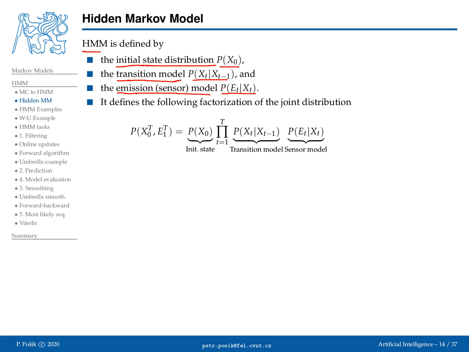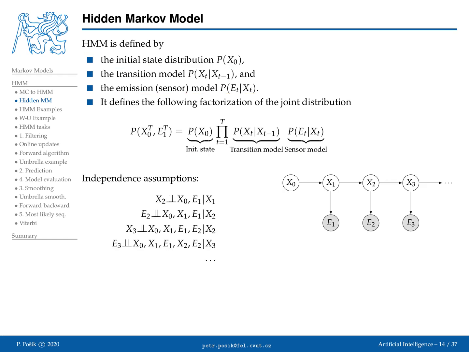And to describe the joint probability distribution over the sequence of hidden states from time 0 to t, and over the sequence of observations from time 1 to t, you can factorize it like this. So you have the initial state, the transitional model, and the sensor model. There are a number of independence assumptions. We talked about this already several times, so I will skip this.